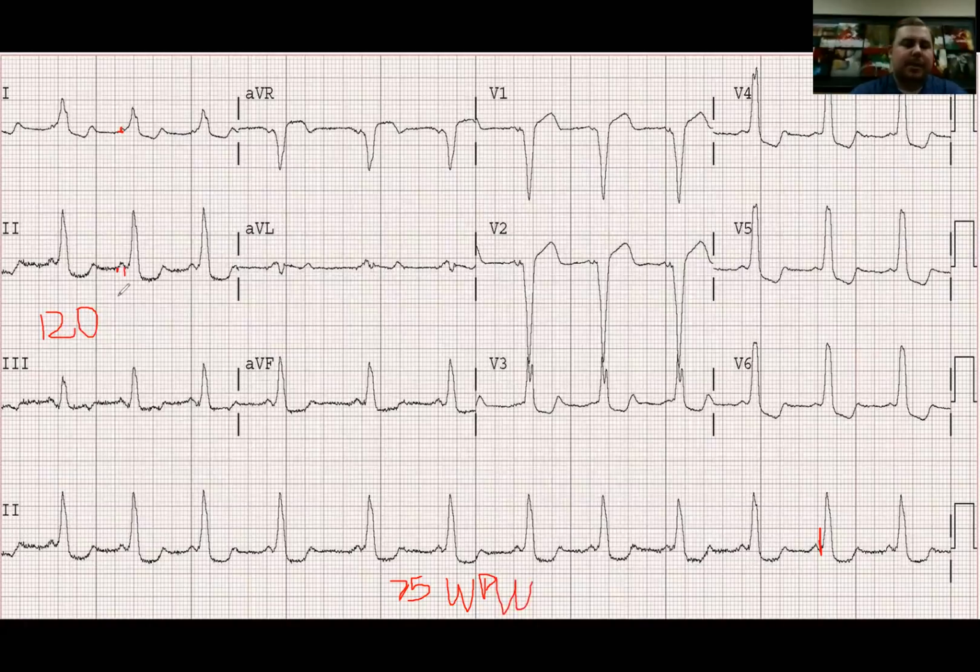So I'll keep going on with my assessment. Looks like we have a wide QRS, which is to be expected with Wolff Parkinson White. And then my QT looks normal, and before the arbitrary line. So I now have 75 beats a minute with Wolff Parkinson White, an axis of 60 intervals with a short PR.